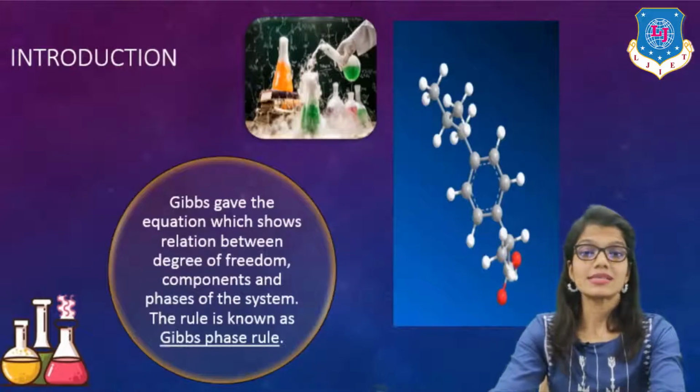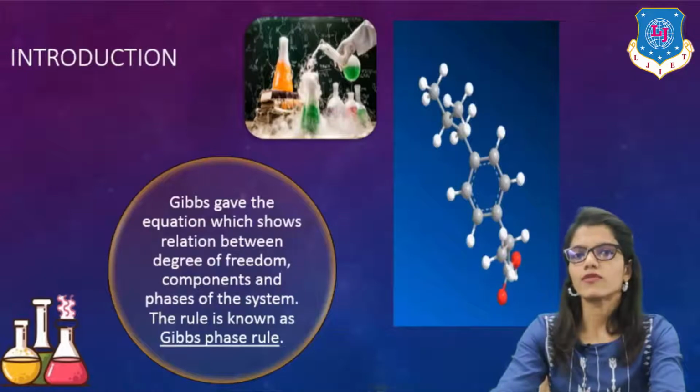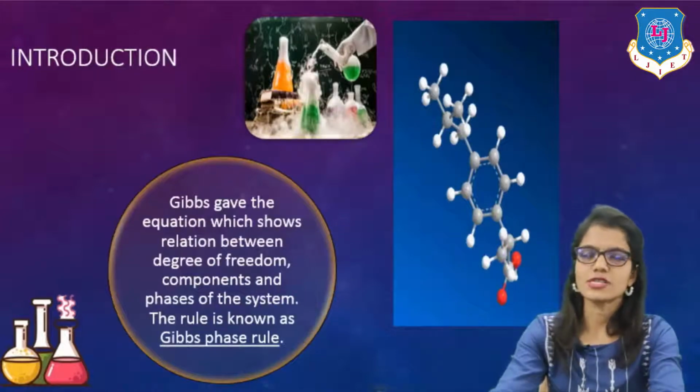A scientist named Willard Gibbs gave the equation which shows the relation between degrees of freedom, components and phases of a particular chemical system. This rule is known as Gibbs phase rule, named after the scientist Gibbs.